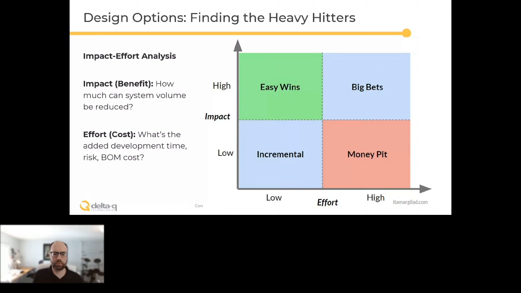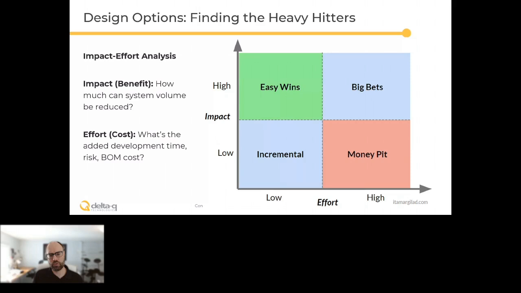But generally speaking, you're going to want to be looking for things that first fall into that upper left quadrant of easy wins. Like what are the high impact ways of really decreasing volume without adding a lot of development cost, technical risk, and time. And you want to stay out of that lower right, the money pit, where you're spending a lot of time and effort doing things that aren't actually making a big change.